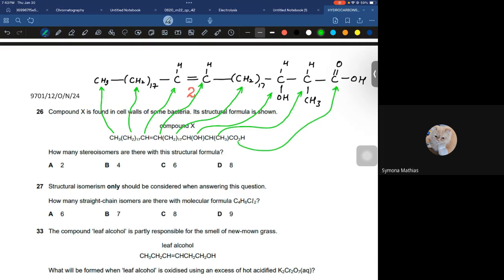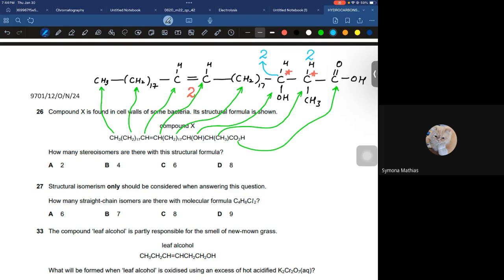This is chiral, this is chiral, okay. So two isomers are possible for this chiral center, and two for this, am I right?